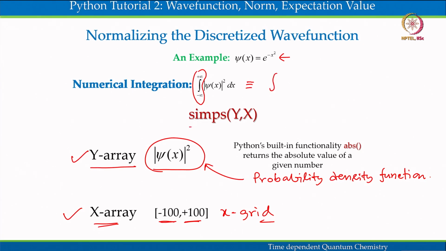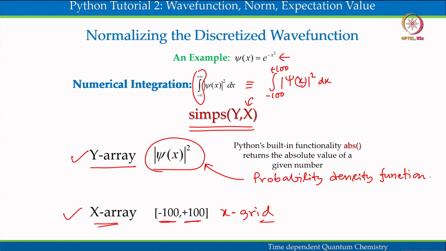The moment we use this simps functionality of the SciPy integrate submodule, it will adopt the limits of the x grid, which are minus 100 to plus 100. So this is my practical numerical calculation, which is going to be performed with the help of Simpson's rule.